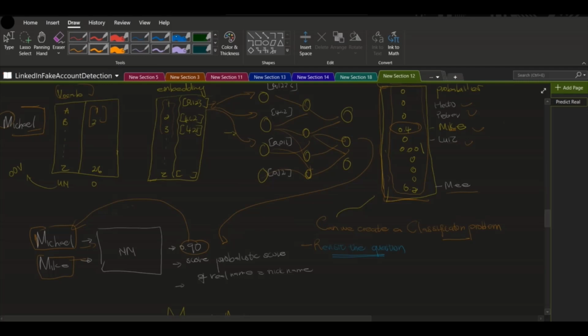But then the question that I'm going to ask you is that the question said given a nickname, we want all their real names. So we want a set. So the problem with this is that we always have to have both a real name and a nickname so that we can get a score of whether they are close or not.